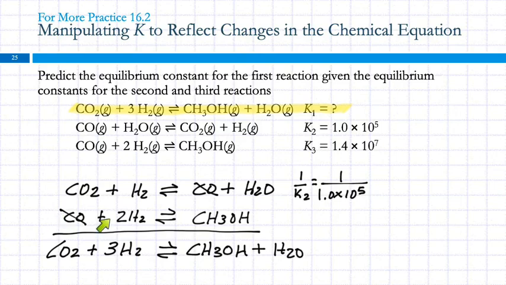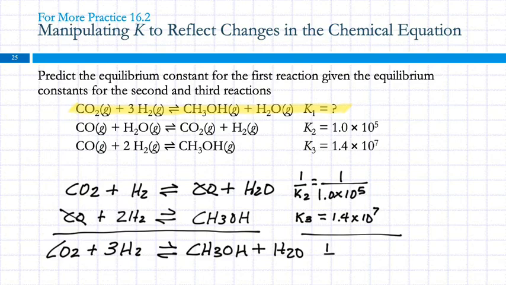So the second equation, did I do anything to the rate constant? No, it's just the same. I didn't do anything to the equation. I don't do anything to the rate constant. So that's still 1.4 times 10 to the 7th. And so down here, what I'm going to do is take these two things and multiply them.